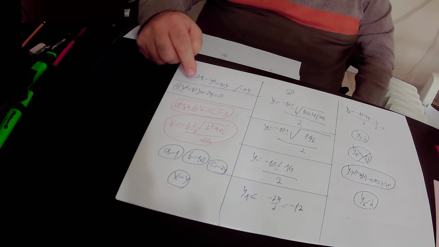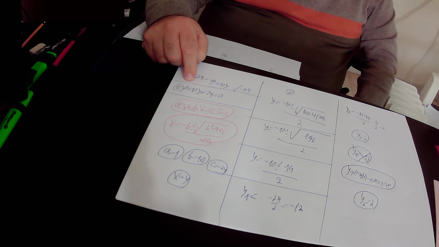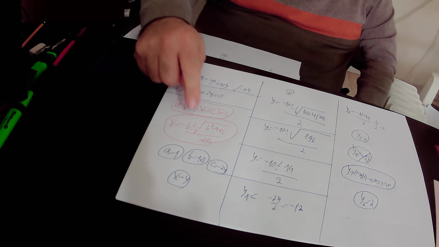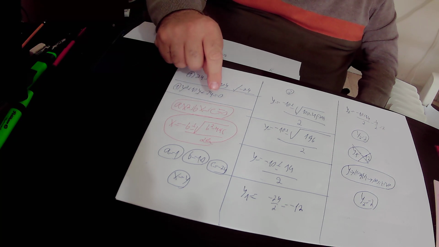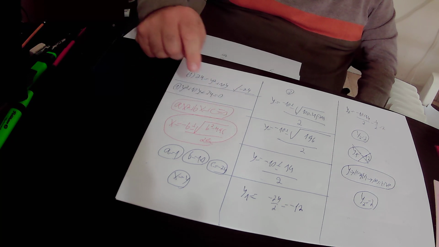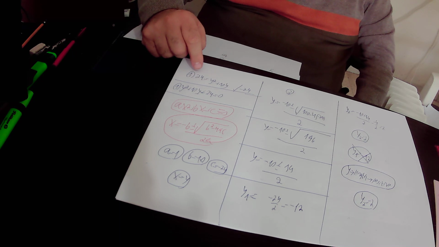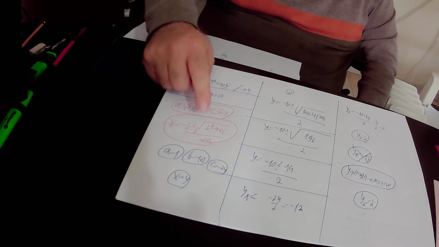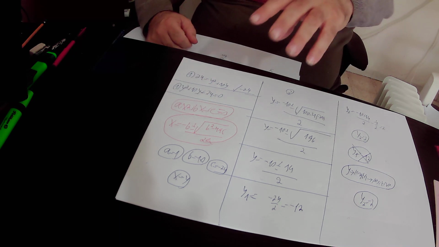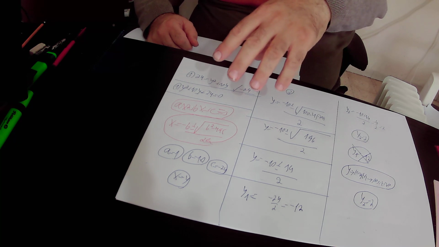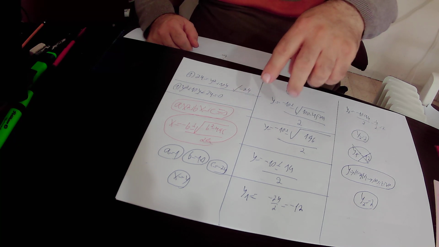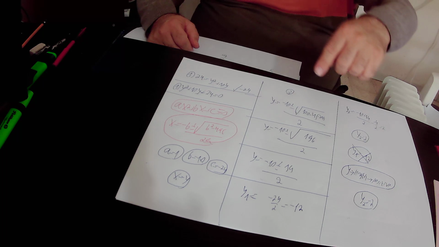In our specific quadratic equation, the coefficient a equals 1, the coefficient b equals 10, and the coefficient c equals minus 24. The variable that we are looking for is y, so x equals y. So here we put the data inside this equation and find the values of y.